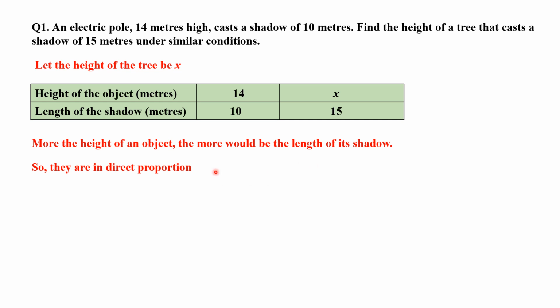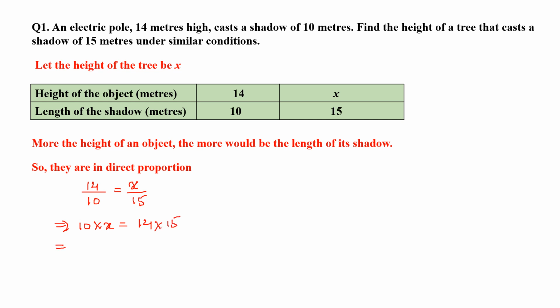And we know that in a direct proportion, the ratio will be same, right? So ratio of height with respect to length of the shadow will be same in both the cases. So from here we can write 14 by 10 is equal to x by 15. And when I do cross multiplication, I will get 10 into x is equal to 14 into 15.